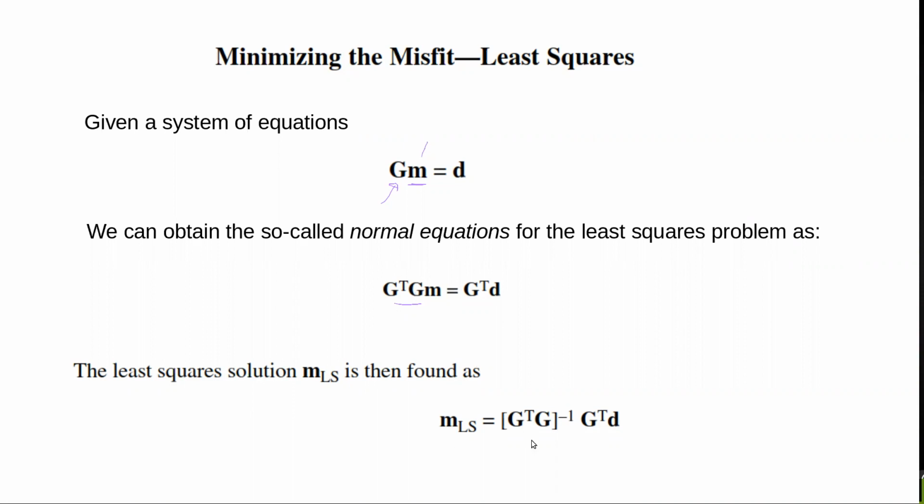And then if we find this inverse and multiply by G transpose and the data, then this M is the best estimate we can get for M. So this is an estimate of the M that we want. We cannot really estimate this M exactly, but this is the next best estimate of M that we can get. Okay, this is what the least squares is saying. So this is an estimate of these model parameters that we want.